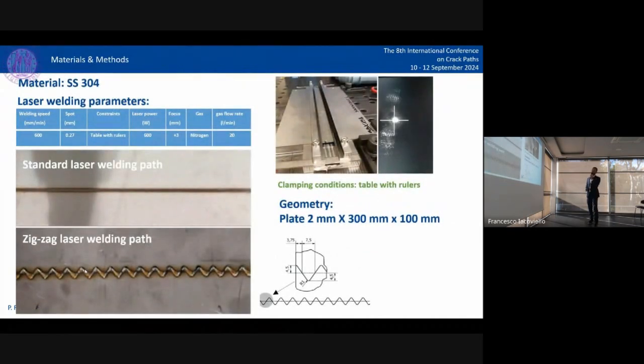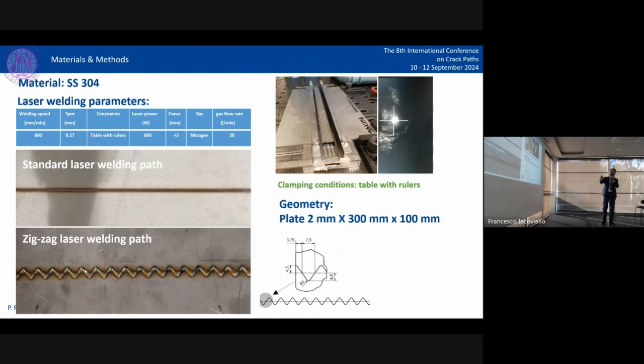So let's talk about materials and methods. The material used was an austenitic stainless steel 304. The geometry is a plate 2 millimeters thick, 300 millimeters long and 100 millimeters wide.